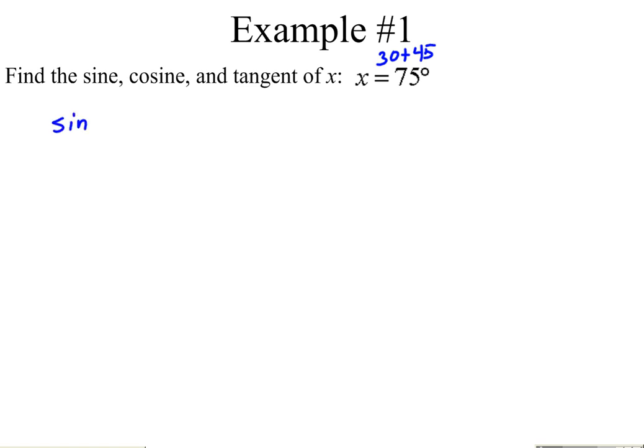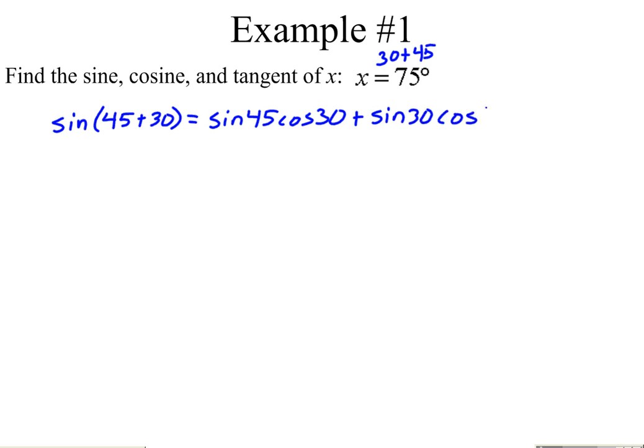Sine of 75 is the sine of 45 plus 30. Apply your identity now. Sine A, cosine B, sine 45, cosine 30, plus sine B, cosine A, sine of 30, cosine of 45.